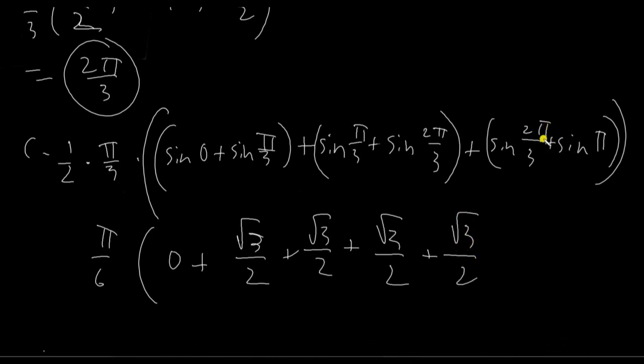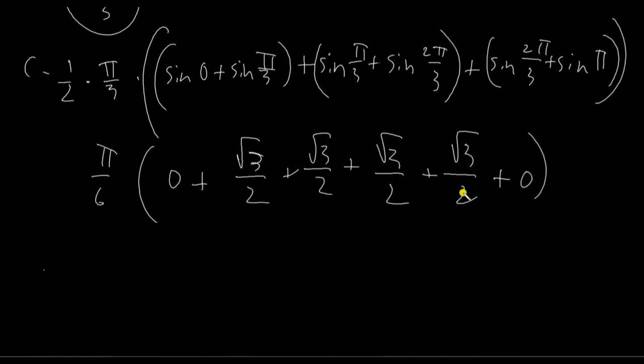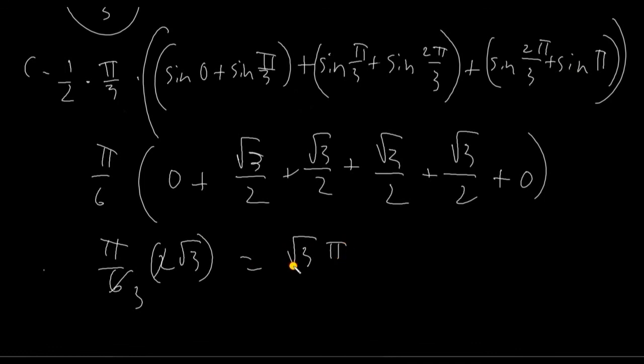Seeing a pattern here. And then sine of pi is again 0. So adding all these up, it's going to be 2 times square root of 3. So pi over 6 times 2 square root of 3, the 2 is going to cancel and I'm going to get 3. So this is square root of 3 times pi over 3. So that's what we got for part C.